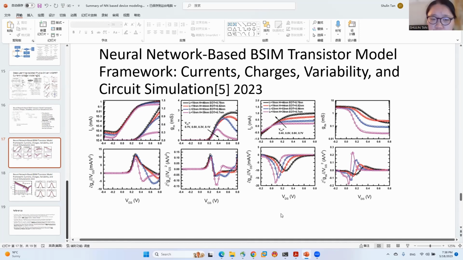Running a simulation with the simulator with 1,000 gates is very slow or expensive, but neural networks are fast, and maybe you can simulate those 1,000 gates very fast, something like that. So that's sort of what I got from Shulin's earlier explanation.